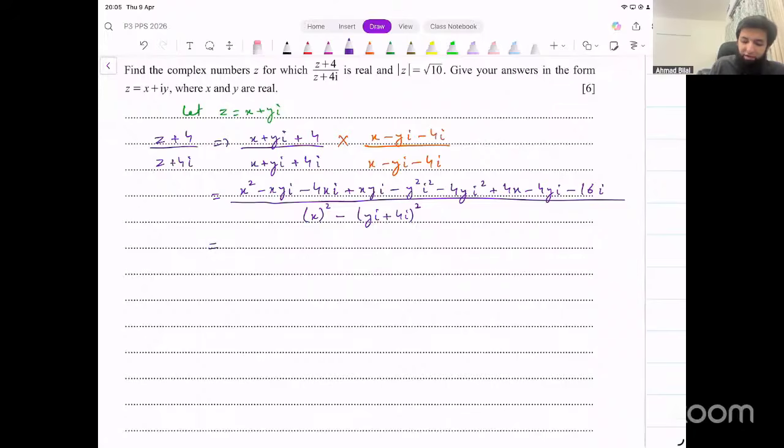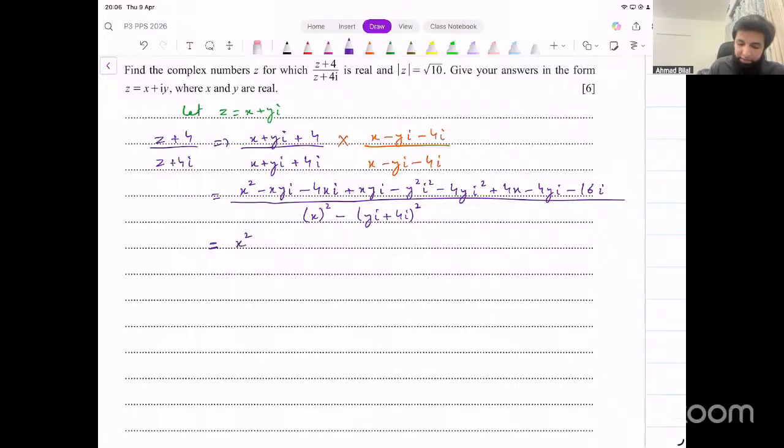Now simplify this a little. The denominator is irrelevant because when we input it equal to 0 eventually, that is going to get eliminated in any case, right? So let's keep the denominator as it is. Let's just simplify the numerator. What do we have in the numerator now? Let's write the real terms together.